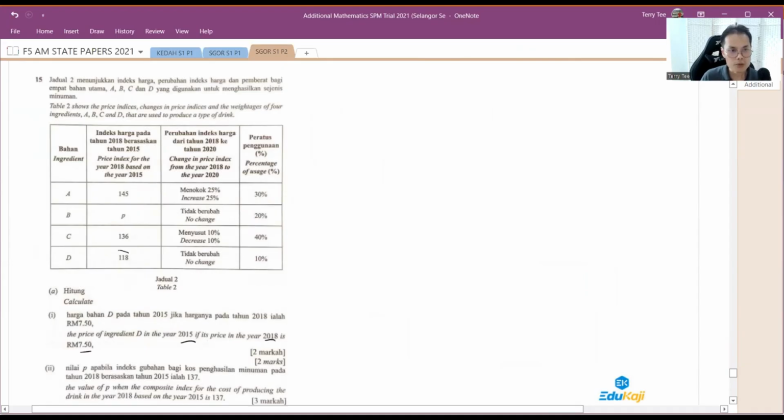We already know the price index for D. If you look at D, this is part (a)(i). The price in 2018 is 750. The price in 2015, I don't know. You multiply by 100, and your price index is 118.